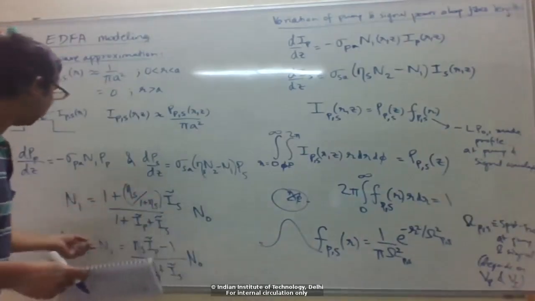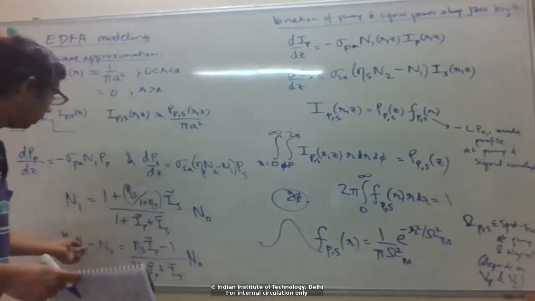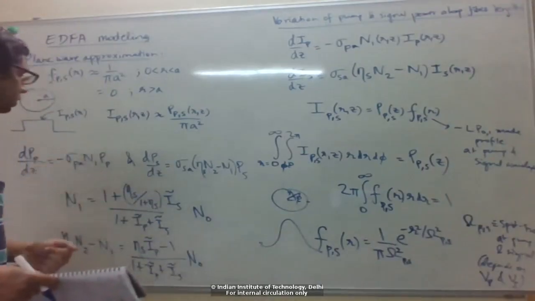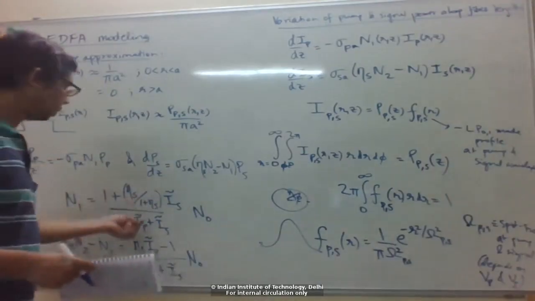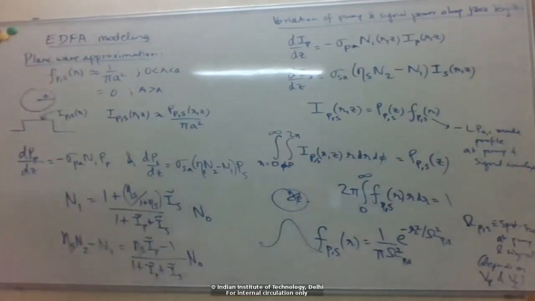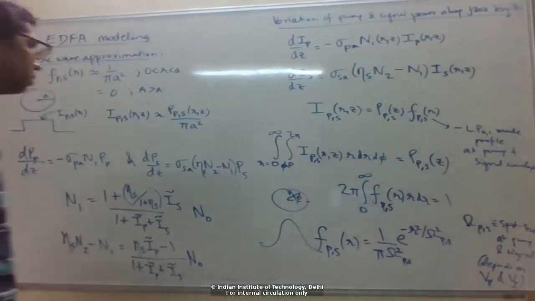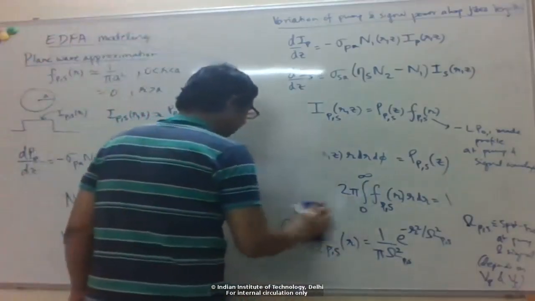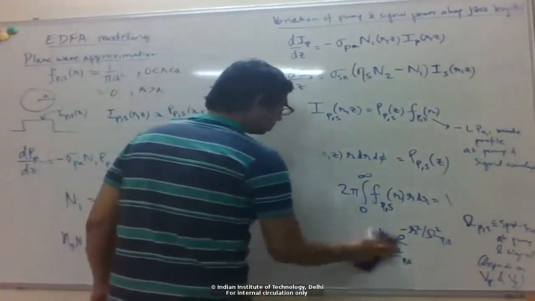You can see that if I plug in N1 and eta N2 minus N1 here, the equations still look quite complicated, right? We can make some further approximations to get some qualitative feel for what's going on.